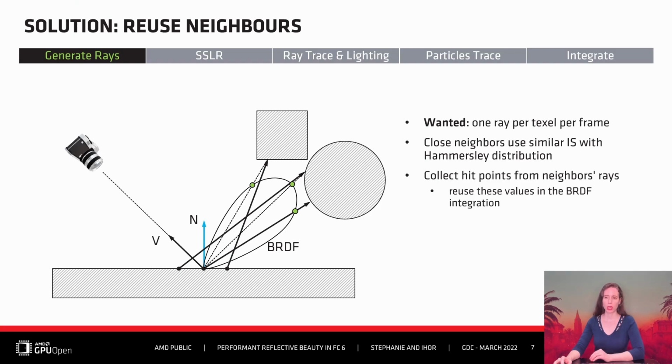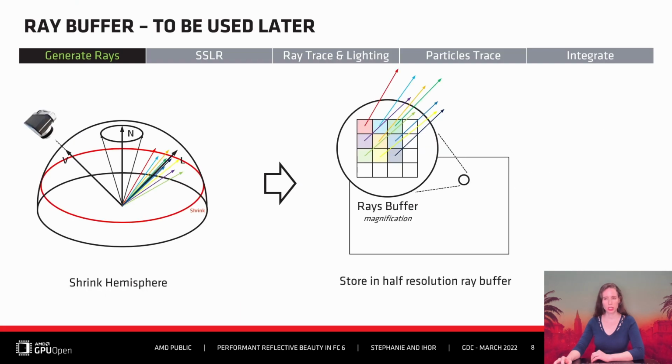Because of this, we're able to collect the hit points from the neighbor's ray and reuse these values in the BRDF integration. Our investigations into ray placement show that the values from the rays in the boundary of the hemisphere almost never contribute significantly to the BRDF integration.